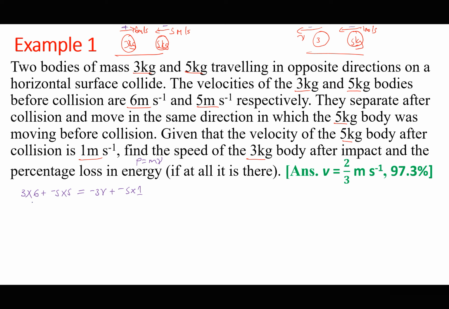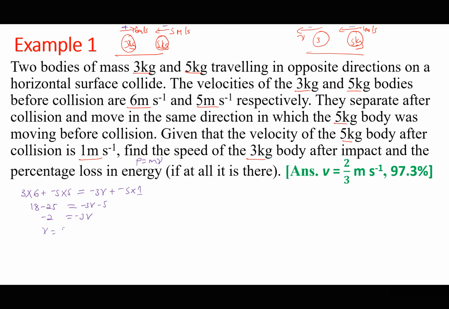So I have that 18 minus 25 equals minus 3v minus 5. Collecting like terms, 18 minus 25 plus 5, this is negative 2 equals negative 3v.